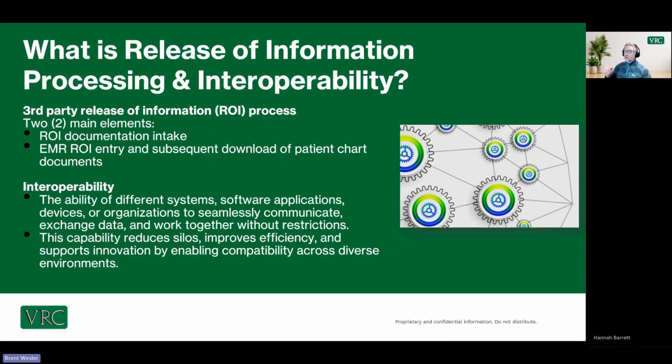Essentially there's two pieces, which is the ROI, release of information, document and intake process. This is going to tell us the patient, what the healthcare facility is, and who's requesting the medical records. Then the second piece is we need to query the EMR specific to that healthcare facility and download the chart documents, whatever the date range is.